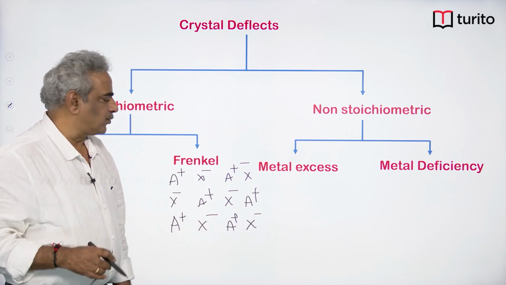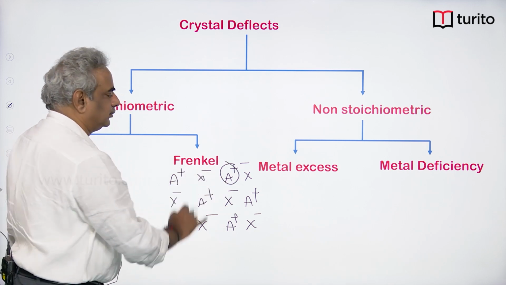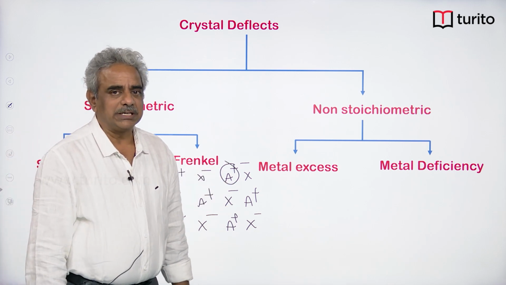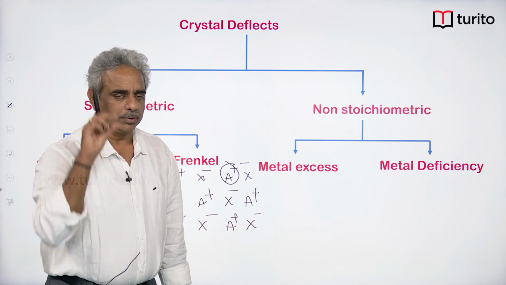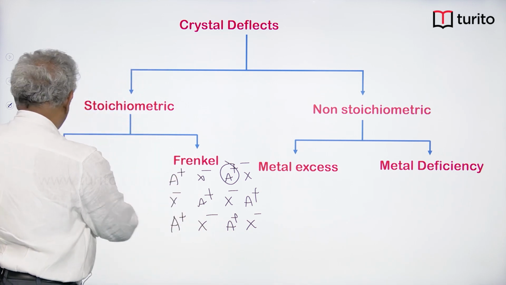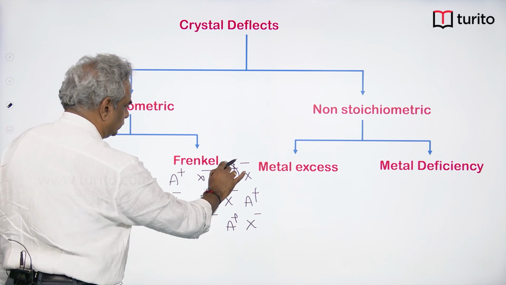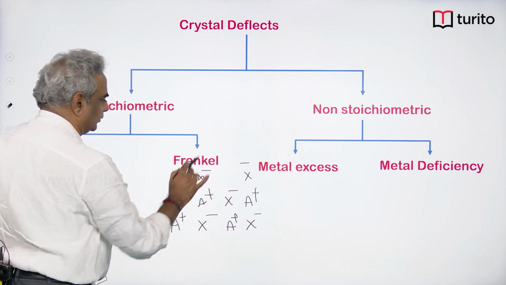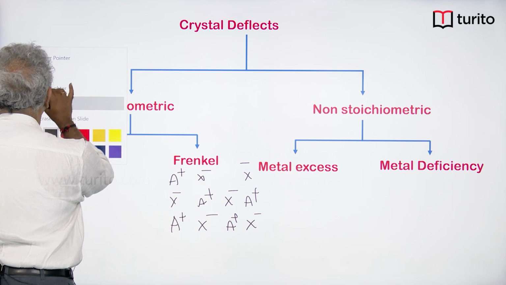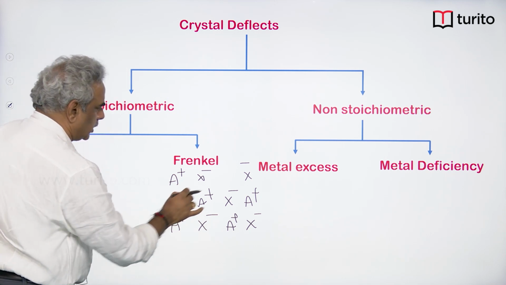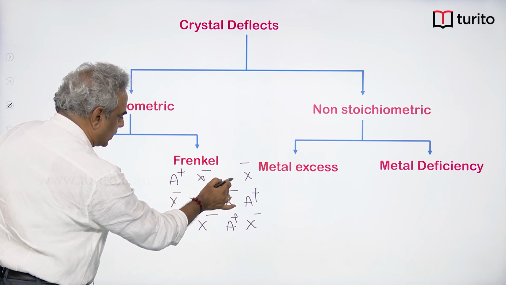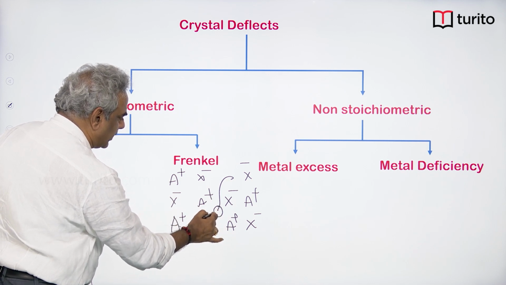But in some cases what happens, this A plus, a small cation, should have crystallized there. Instead of that, it will not crystallize there; it will come down and somewhere else it will crystallize.